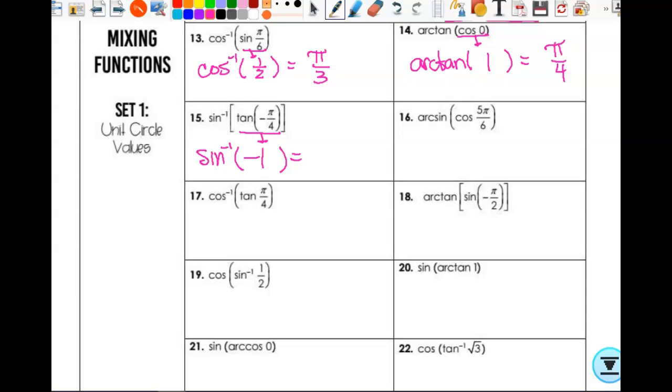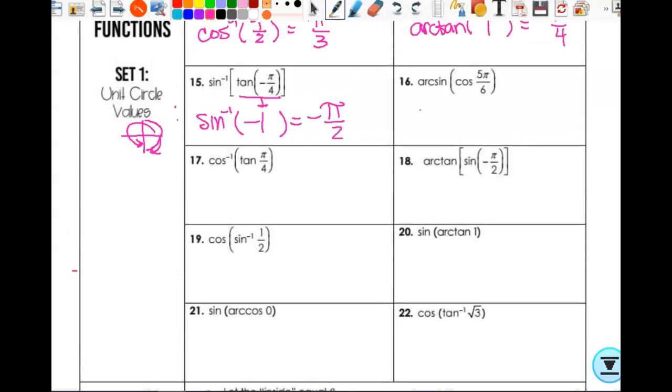So the first thing that would come to mind for me would be 3 pi halves. But can my answer be 3 pi halves? No, because it has to come from the first or the fourth, and we're going from negative pi halves to pi halves. So my answer has to actually be negative pi halves. So it's totally fine that we're thinking 3 pi halves and then adjust it as needed. Okay, we good on that?